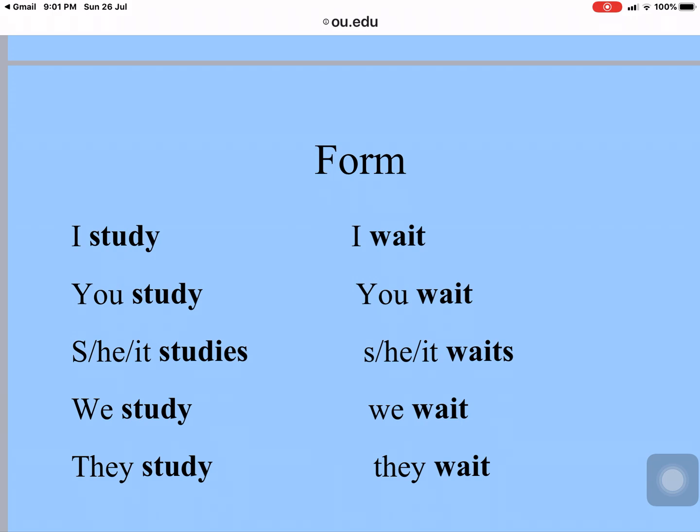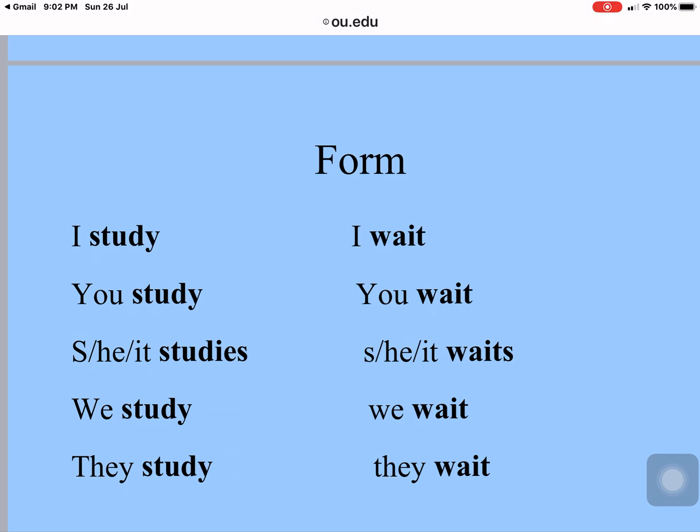In plural nouns you use s, but in the case of verbs, to make it singular, we must use s, so that it complies with the singular subject. So I study, I wait, you study. Why you study? Because you is plural subject. Here you find you wait.